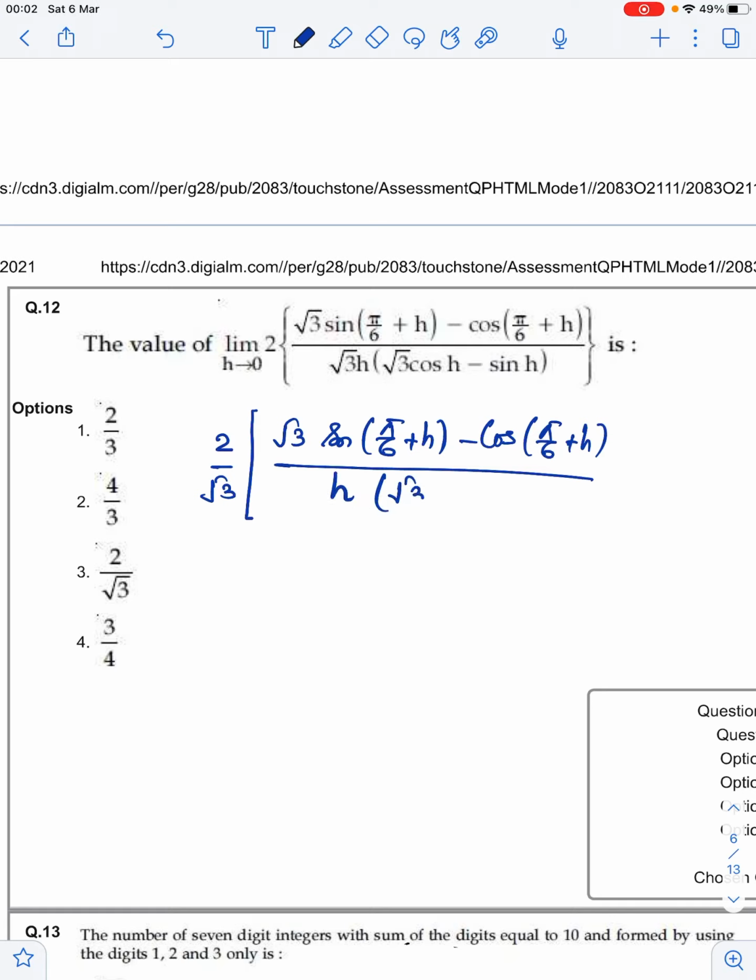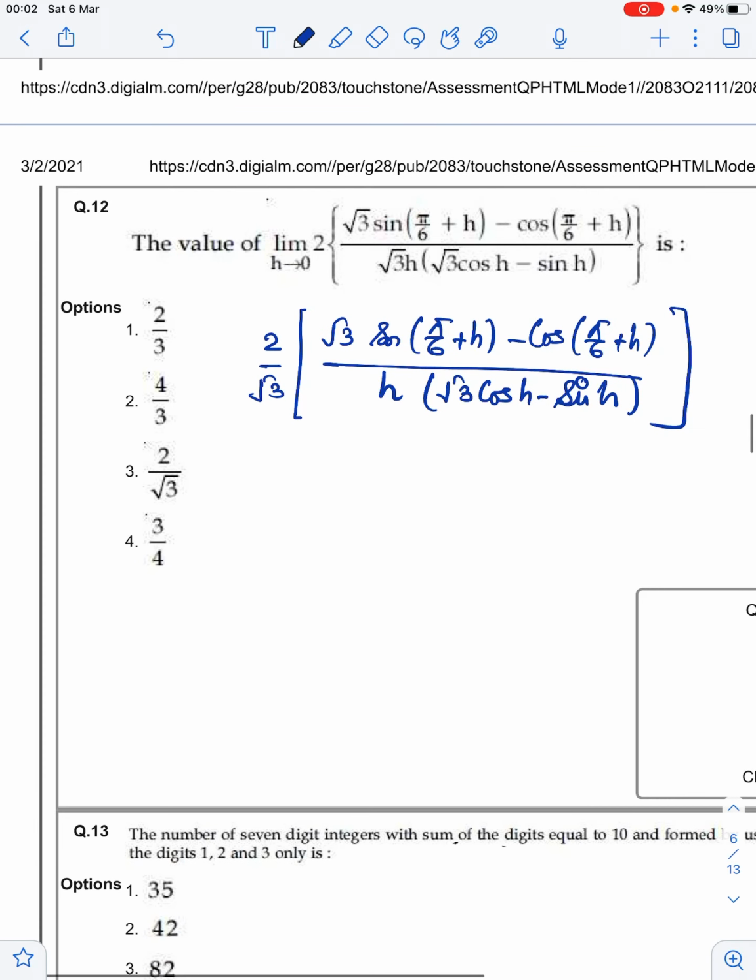Now the numerator and denominator both can be converted using the sin(a plus b) and cos(a plus b) formulas, sin of a minus b instead in the numerator. So 2 by root 3 outside.